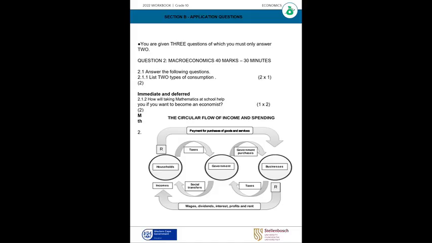2.1.2 is more of an out of the box kind of question, and there they ask you, how will doing mathematics at school help you if you want to become an economist? Now you see, that is 1 times 2, meaning you've just got to give a sentence, okay? And there you can give anything.